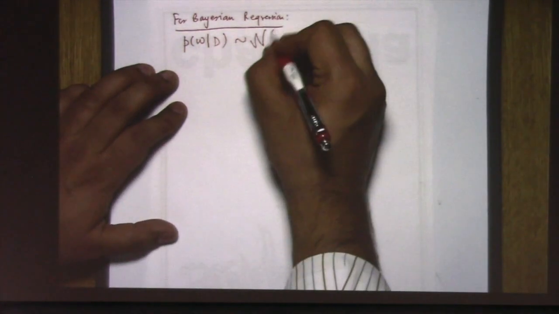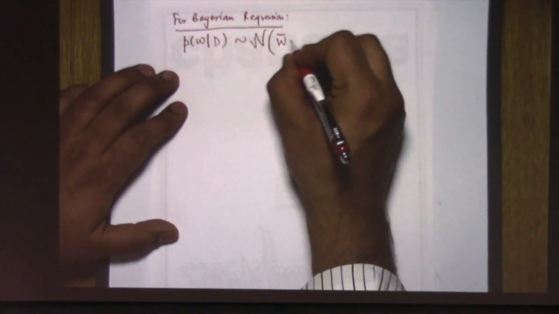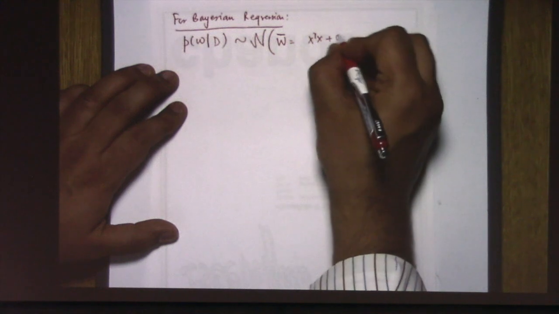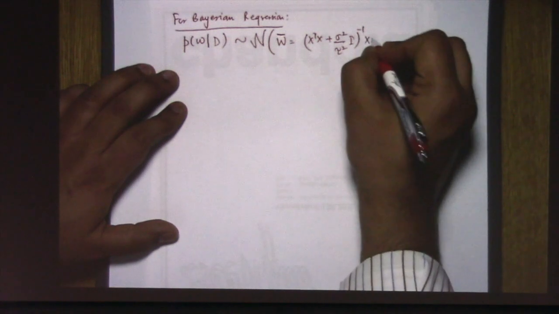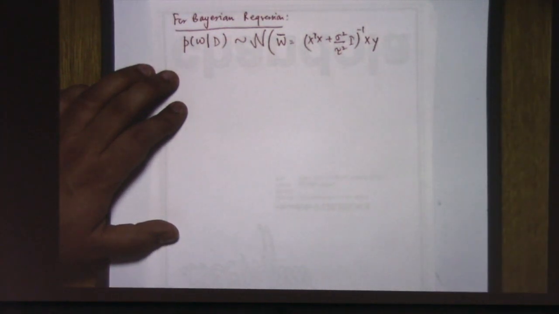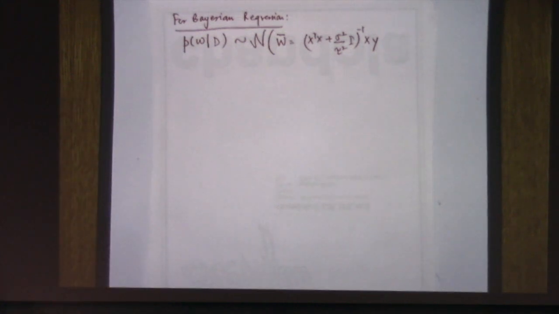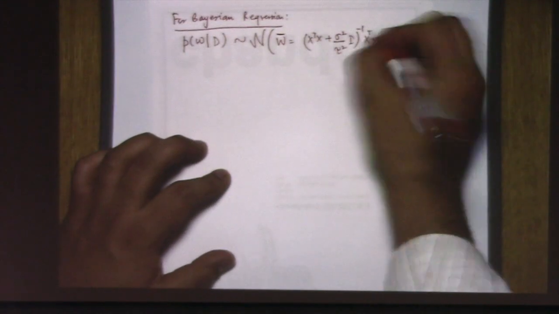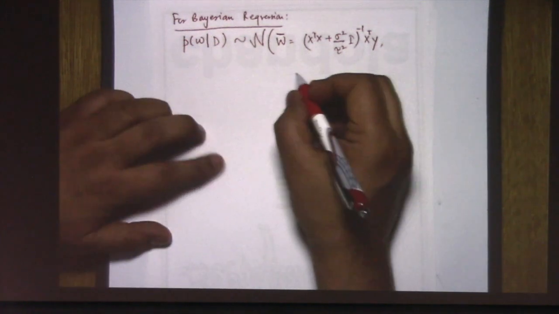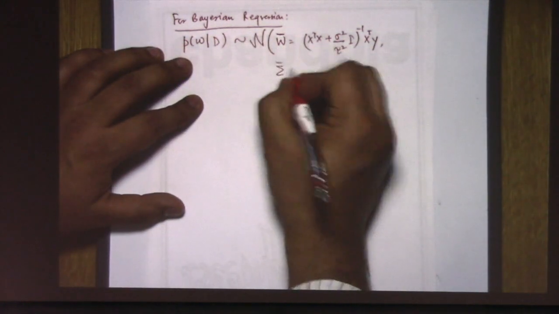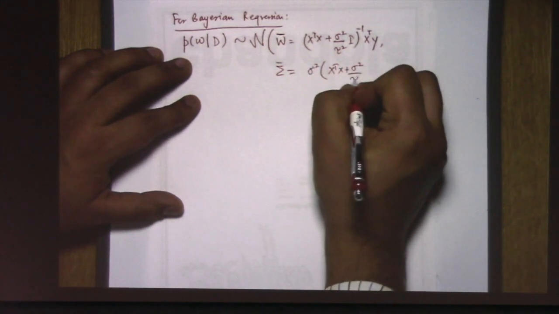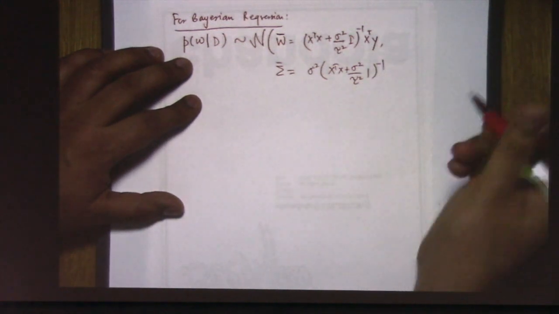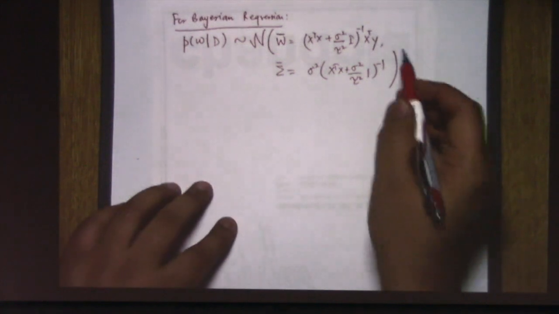The mean of that distribution is (X transpose X plus sigma square over tau square I) inverse times X transpose Y. And the covariance matrix, this sigma hat, is going to be sigma square times (X transpose X plus sigma square over tau square I) inverse. Okay? So let us focus on the mean quantity.